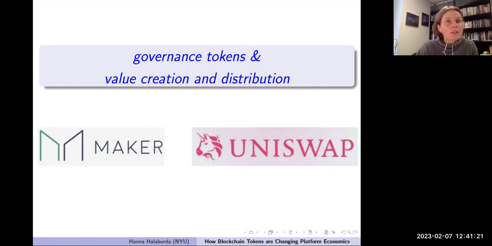Maker is probably the most highly functional DAO in the sense of the number of decisions that are being made in a decentralized way. Uniswap is an example of a DAO, but it is not as decentralized as Maker DAO. But there are many others. SushiSwap also has elements of a DAO, and many more.